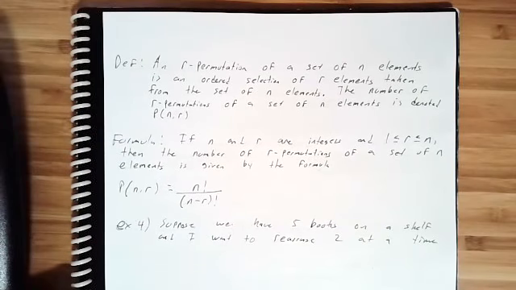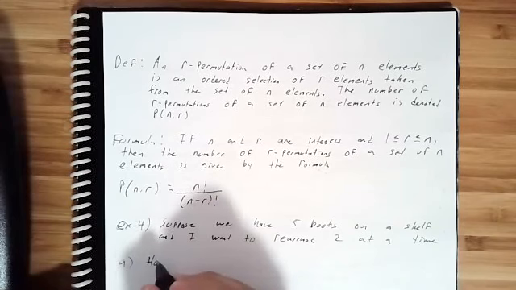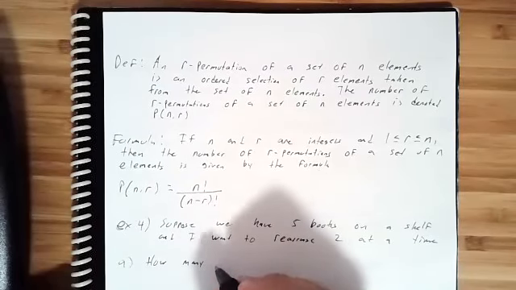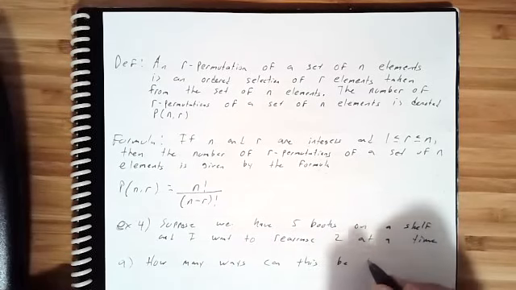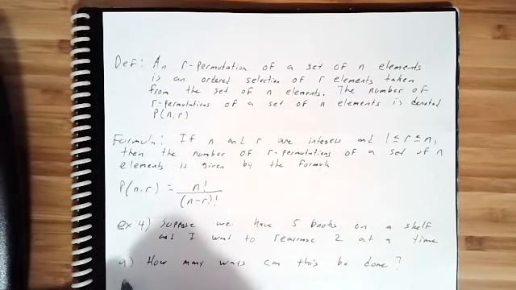Part A, how many ways can this be done? What you do is take the permutation formula and say there are 5 total, choosing 2 at a time.